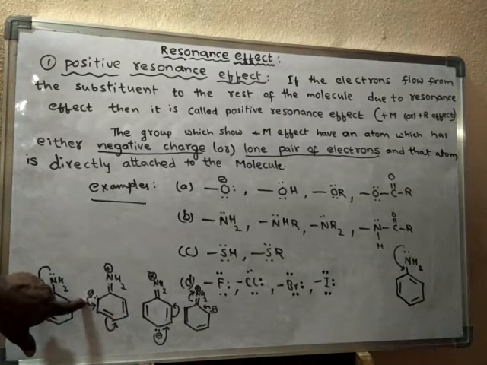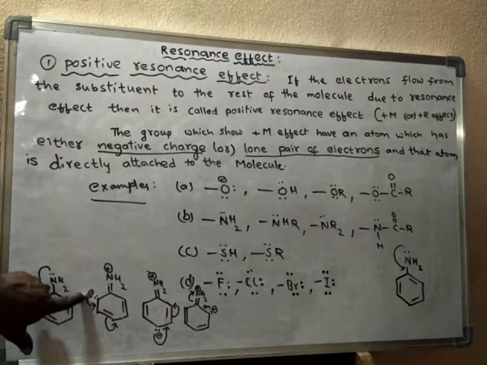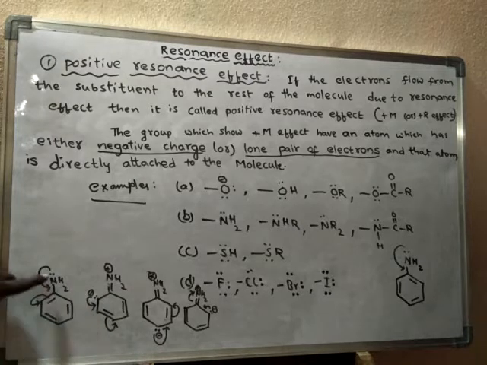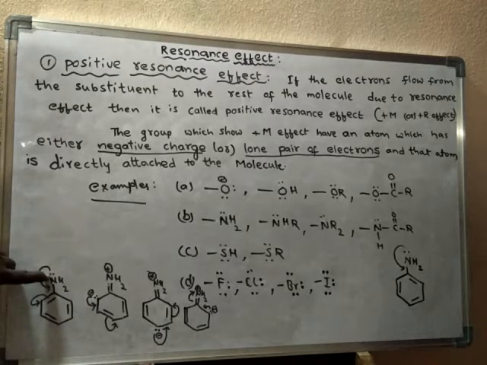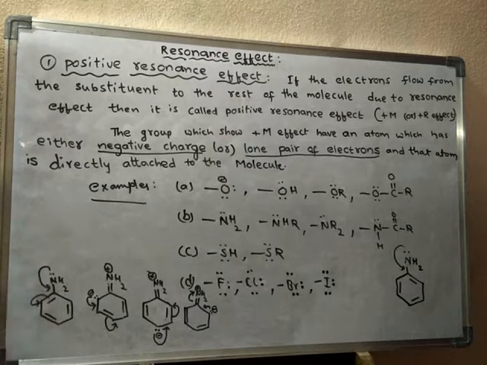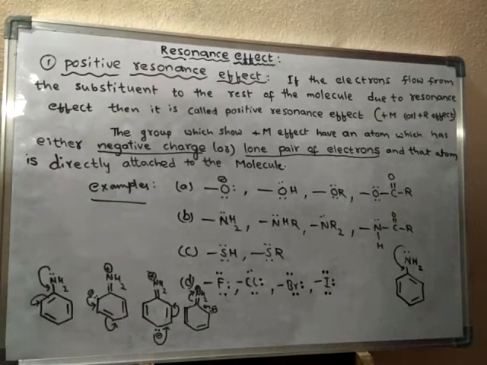Now this carbon has a negative charge. Nitrogen will get a positive charge, because electrons are flowing from nitrogen to the rest of the molecule, so nitrogen suffers a deficiency of electrons. That is why nitrogen gets a positive charge.